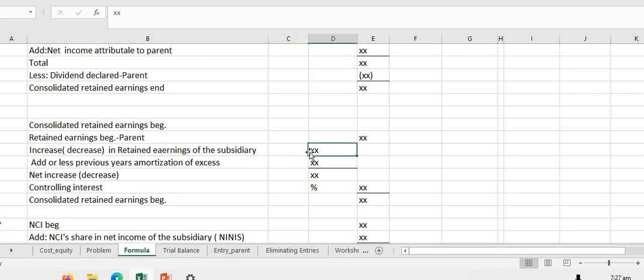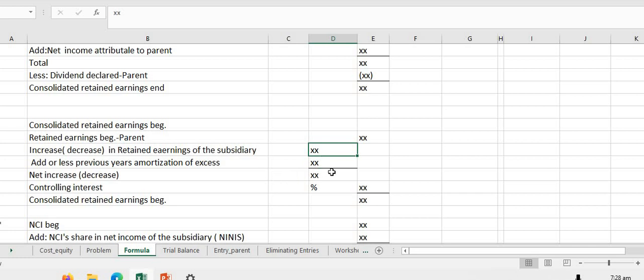So, ano yung ending retained earnings ni subsidiary, less beginning retained earnings ni subsidiary. Kunin natin if may increase or decrease. Then, add or deduct natin yung previous years' amortization of the excess. So, that's the net increase or decrease in the retained earnings of the subsidiary.